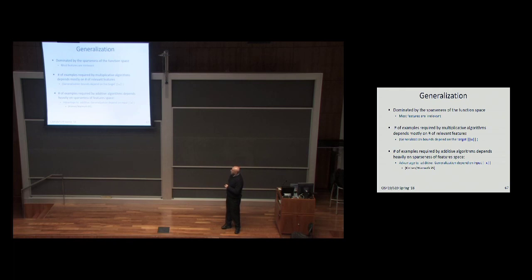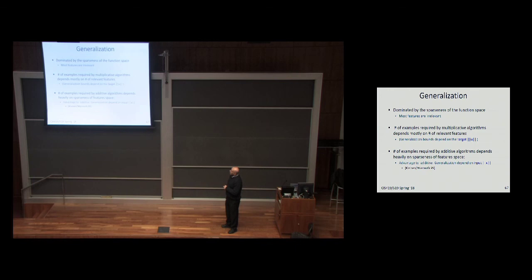The sparseness of the data is measured by the size of x. If I have very few active features, this is going to be small. If most of the features are active, this is going to be large. And it turns out that one can show that these two issues really affect generalization.